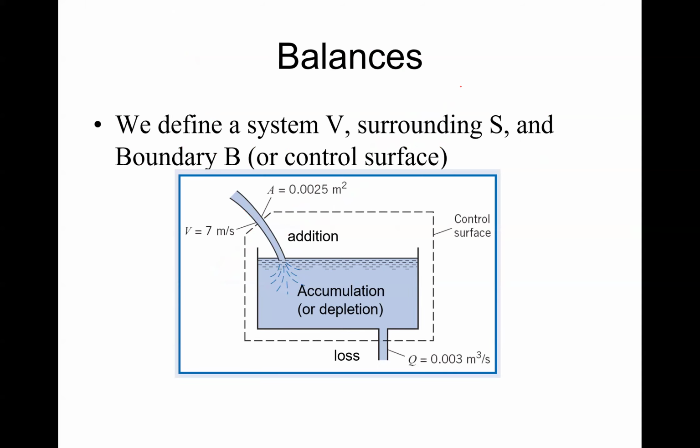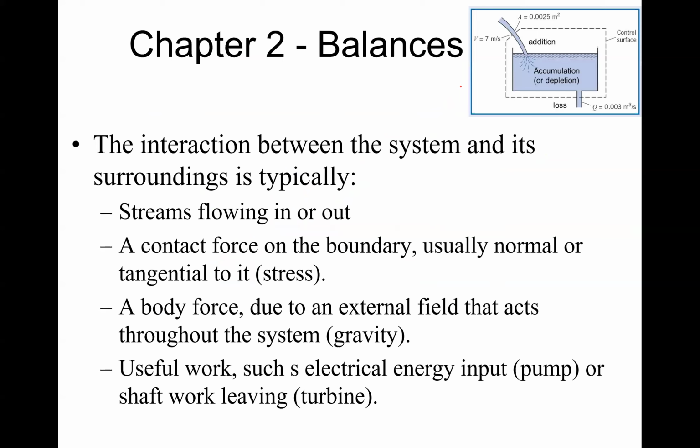Let's start with chapter 2. In chapter 2, we have this balances section first. So we're going to go back a little bit on mass balances. We obviously do mass balances in fluids as well.